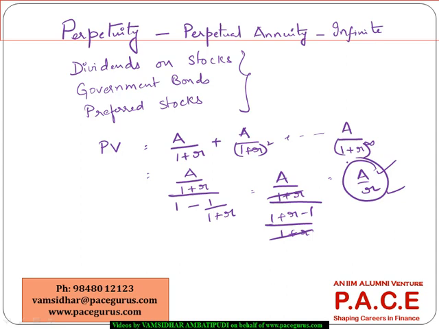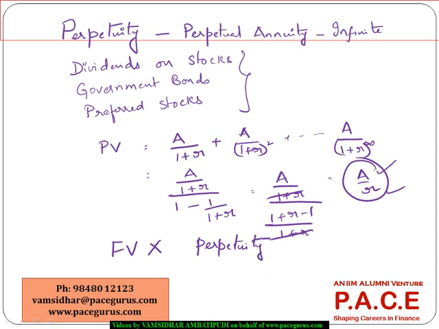So I can directly use it to compute: if there is a perpetuity paying equal payments of some A forever, then I can find the present value as that much. But remember, the future value does not exist for a perpetuity because there is no period, an infinite period.